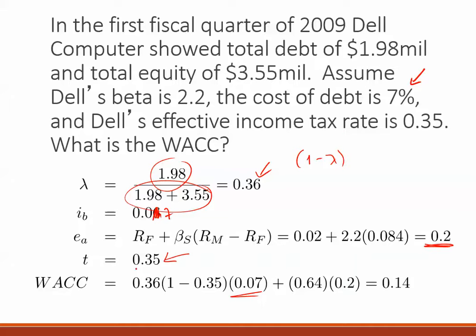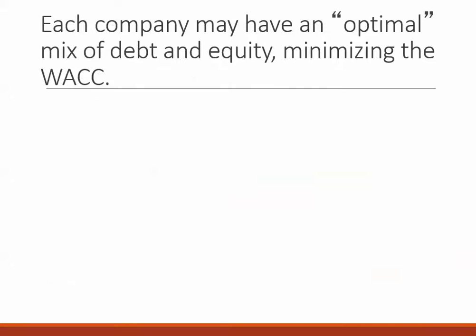So here we had a weighted average of 0.36, which is this times 1 minus my tax rate times this 0.07, plus 0.64, which comes from 1 minus 0.36, times that 0.2 that we calculated, and this gives me 0.14. Right now we don't have to worry about what that means for us, but we do have to understand that there is information that is important to see as more of a global picture.